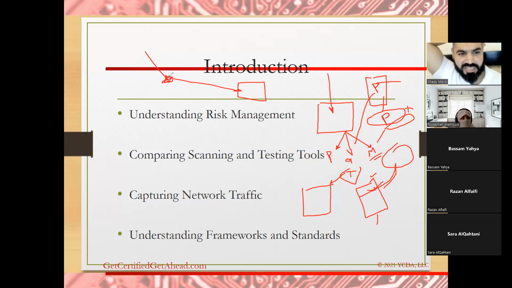So the policy itself will not stop the user from misbehaving. You need a technical control to really enforce the policy, and that's why you always see technical control and policy going hand in hand. The management will say something, and you, as a technical person, will make sure this is applied. I'll give you another example.